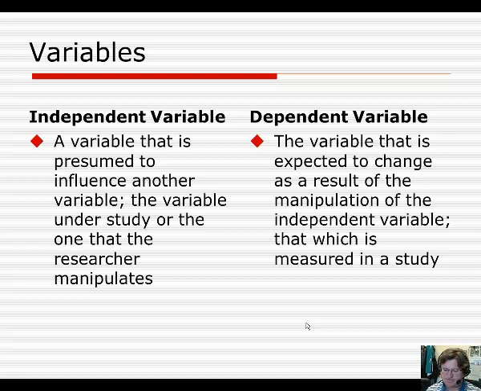Page 45, problem 3. An investigator seeks to study the effects of different types of incentives on participation in a weight loss program. The independent variable would be the type of incentive. The dependent variable would be participation rates.